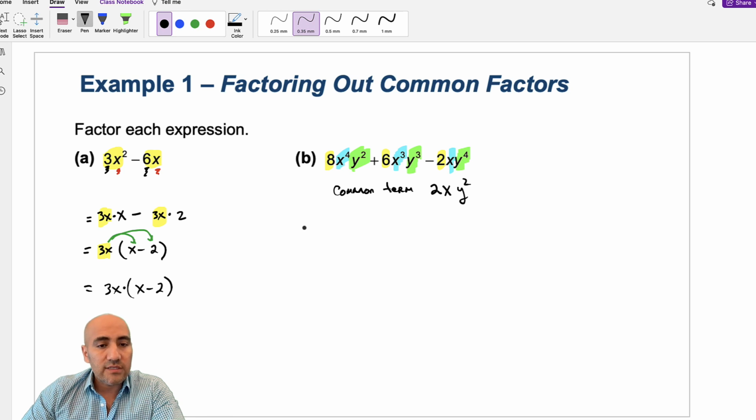Again, I normally don't do this step, but just to really drive home the idea, I'm going to rewrite each of these, rewrite this whole trinomial with a common term in place.